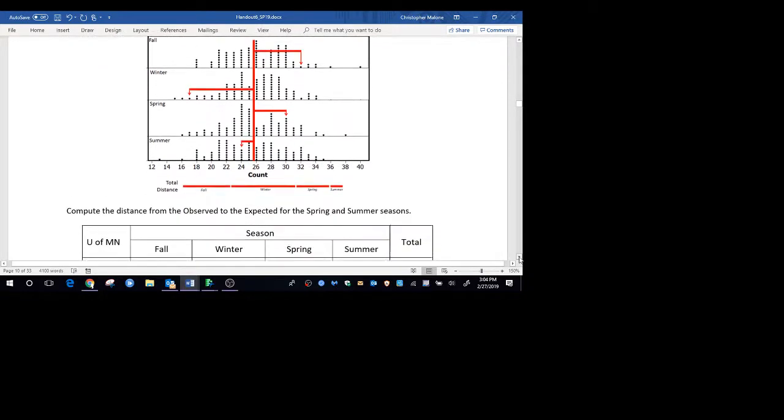In class, we were talking about measuring the distance between the observed and the expected outcomes. In this particular problem, the expected was all the same, set at a quantity of 25.75, and I was just measuring the distance between my observed data and those expected values.